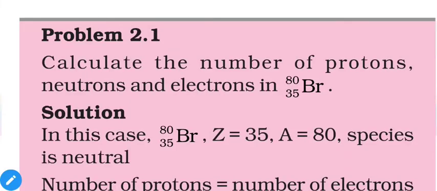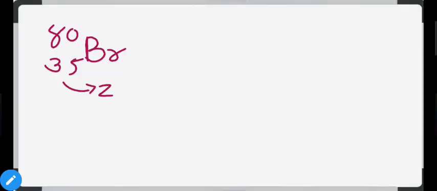Now let's quickly discuss the problems mentioned here. The first one is: calculate the number of protons, neutrons and electrons in bromine-80, with atomic number 35. Here 35 represents Z, the number of protons. So the number of protons is 35, and since it is neutral, it contains 35 electrons.